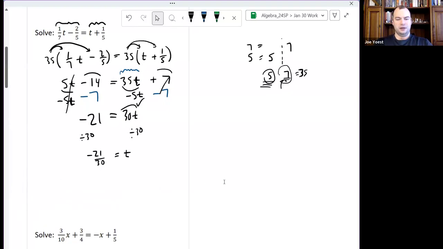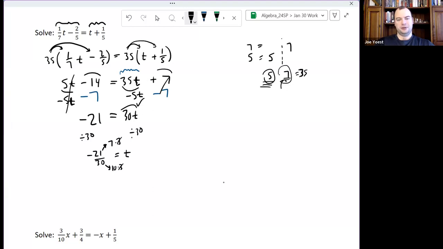And then one more thing I want to do is I want to say, okay, this fraction, is it in lowest terms? Well, there is a factor of 3 that I can divide out of the top and the bottom. So 21 is 7 times 3, 30 is 10 times 3.